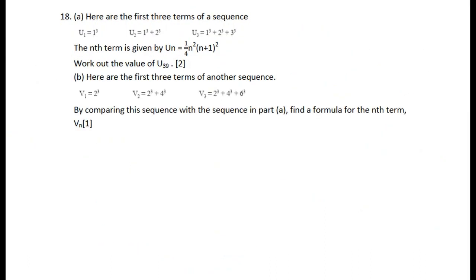Question 18, part A. Here are the first three terms of a sequence. The nth term of the sequence is u n equals 1 over 4 n squared times n plus 1 whole squared. Work out the value of u39. That means we have to find the 39th term, which means instead of n, we'll write 39.